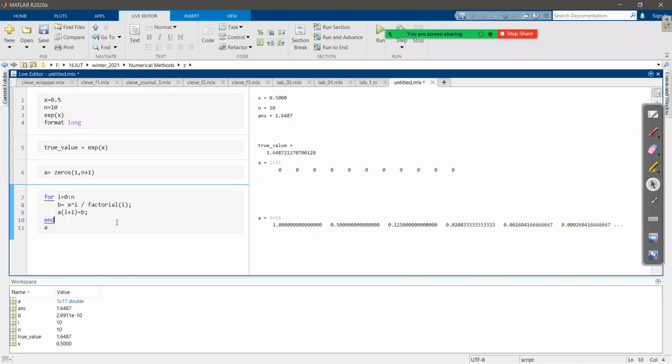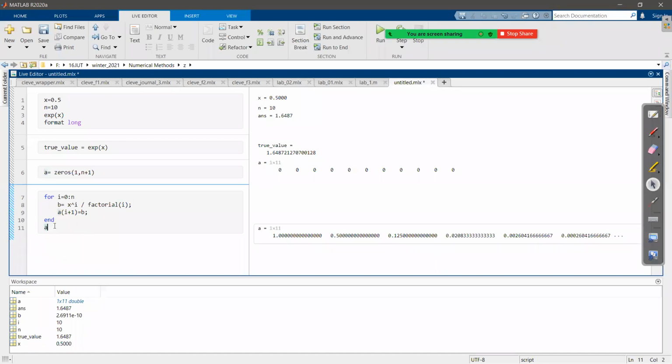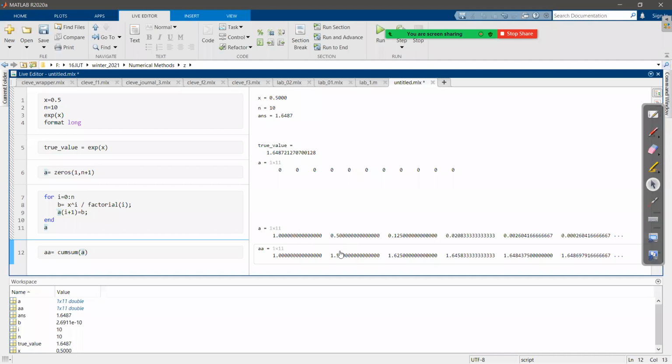If I do it this way, say for example, AA equals cumulative summation of A. Then 1.5 is the summation with the previous one. Then the third one, 1.5 plus 0.125, is 1.625. So, cumulative summation.